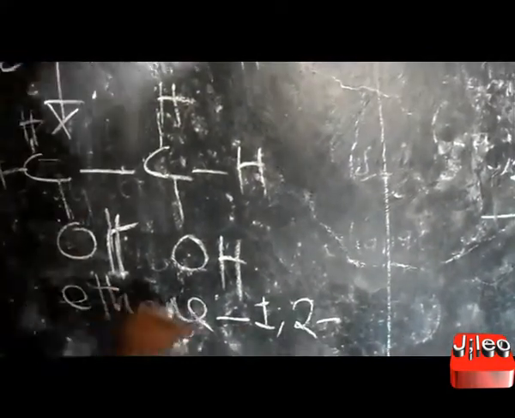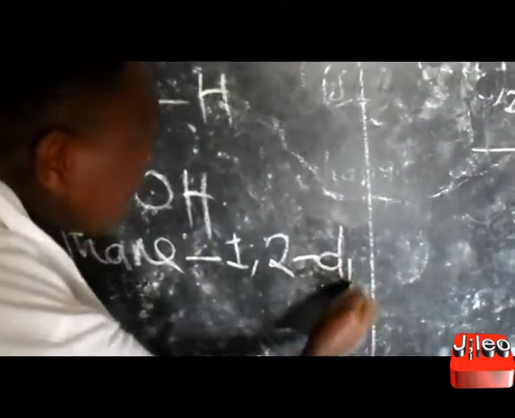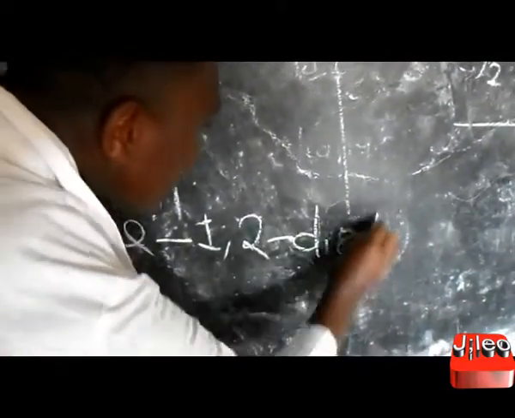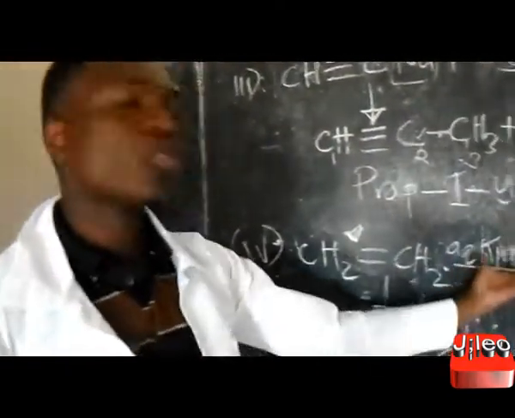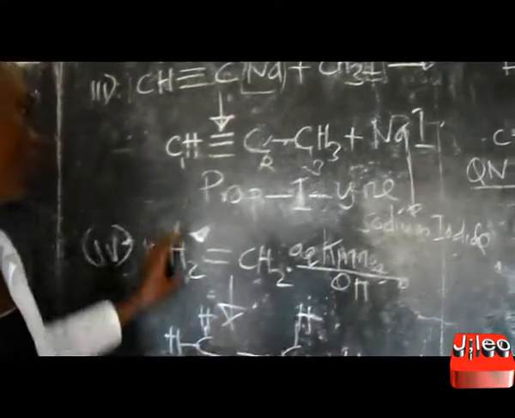Then because we have a first hydroxyl group and a second hydroxyl group, we can say di-ol. So this is our nomenclature for the diol formed after the strong oxidizing agent acts on this alkene.